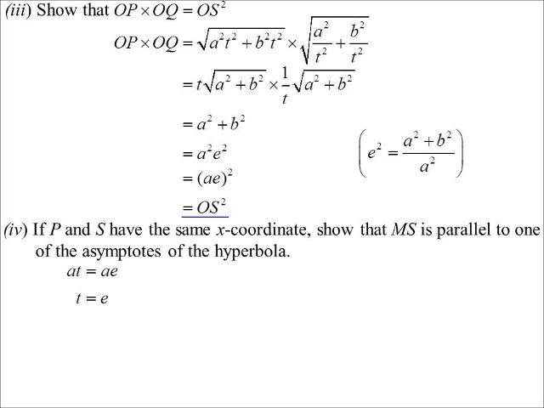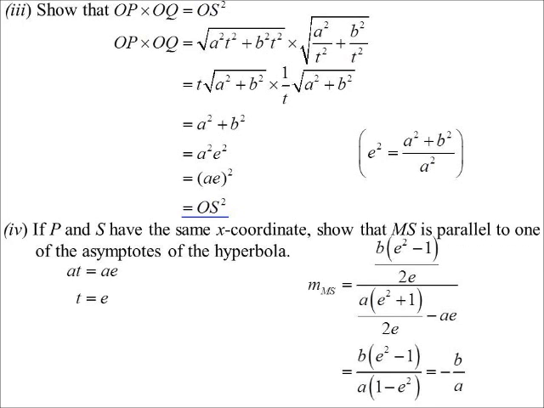But we said P had an x-coordinate of at. So therefore what we're basically saying is t, the parameter in this case, is e. Well, the slope of MS then, if I find that slope after we play around with it a bit, is minus b on a. Well, minus b on a is in fact the slope of one of the asymptotes.